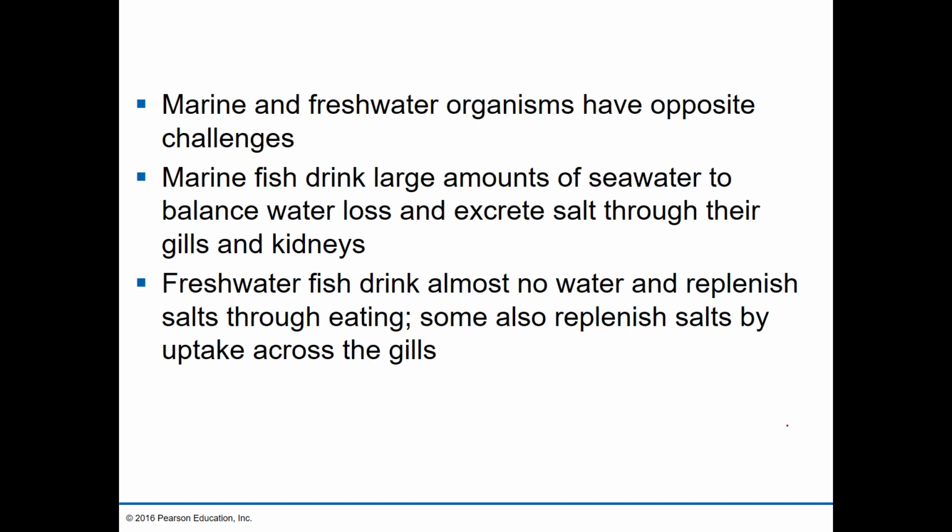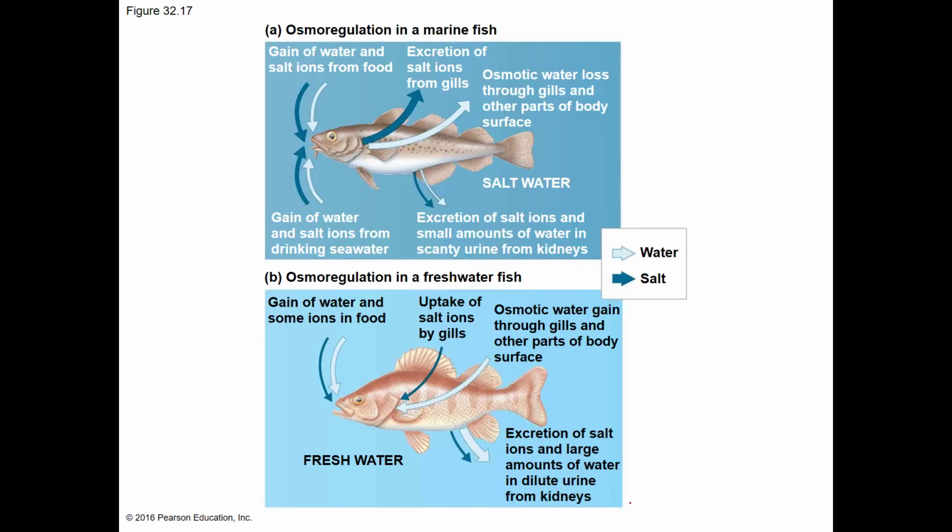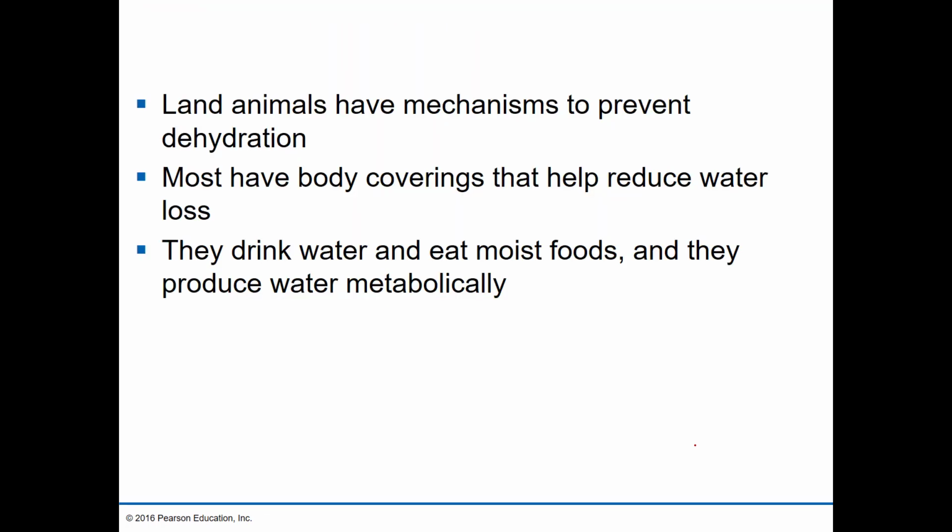Marine fish drink a lot of seawater to balance their water loss, and they excrete salt through their gills and kidneys, whereas freshwater fish drink almost no water and they replenish their salts through eating. Which is exactly why you cannot put fresh water into salt water or salt water into fresh water. And when you have certain fish that can do both, it's a huge anomaly and a very interesting situation.